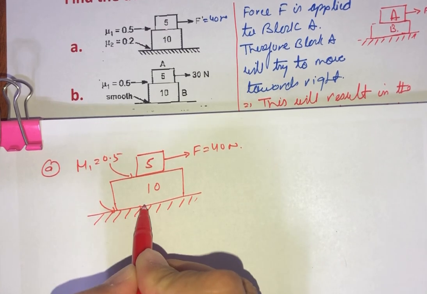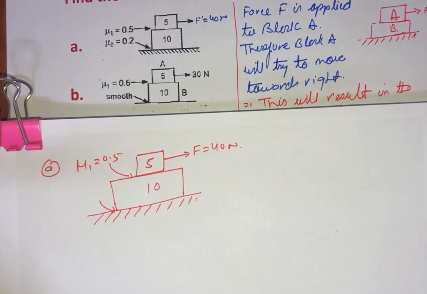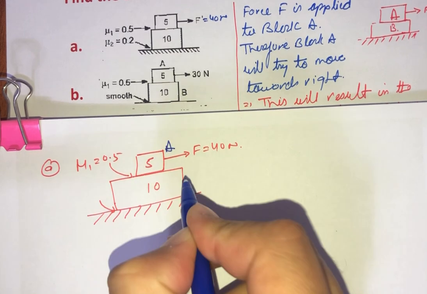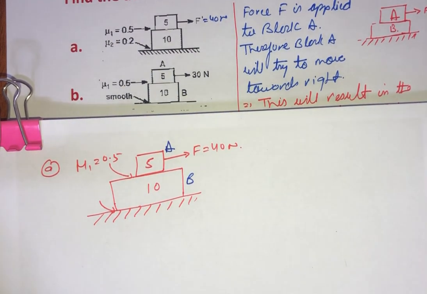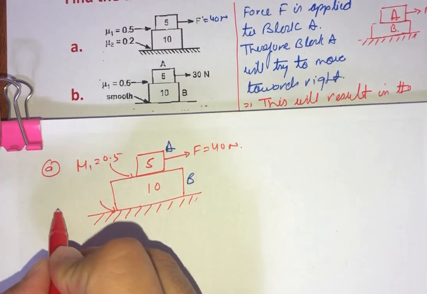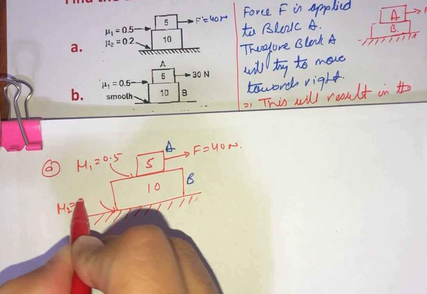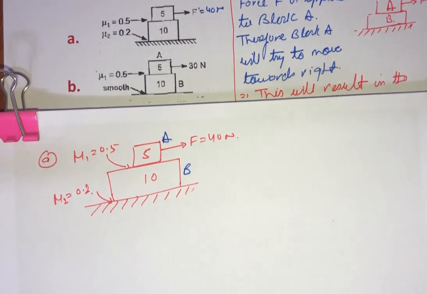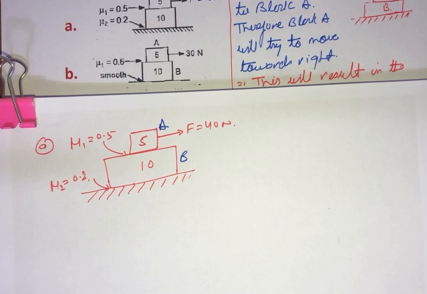Let us call this A and this is B, and the coefficient between B and ground is mu2, which is given as 0.2, and we are supposed to find out what will be the acceleration.